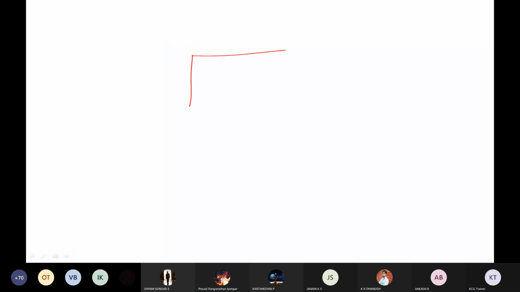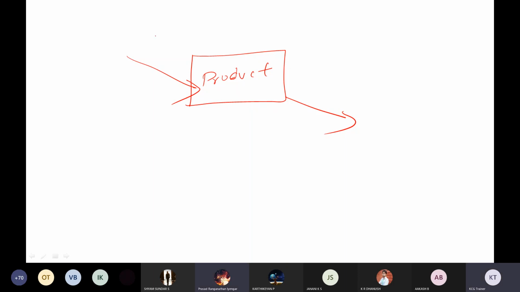See, this is a product. Imagine this is a product. If, for example, it comes from one place known as a wholesaler or manufacturer.